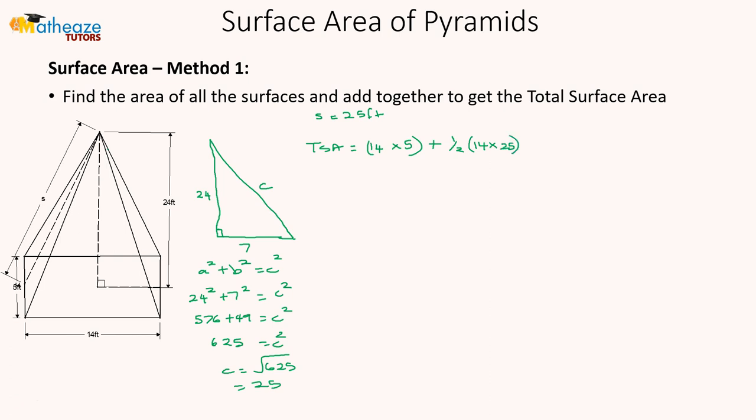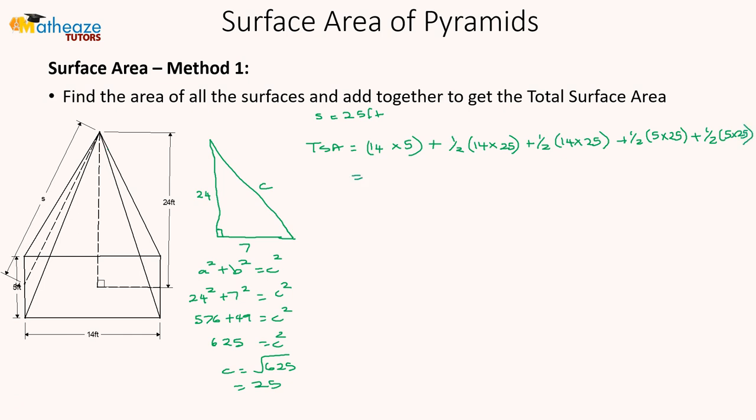So we have another side also that has 14 times 25. Then we have this other side, which is 1/2 of 5 times 25 plus 1/2 of 5 times 25.